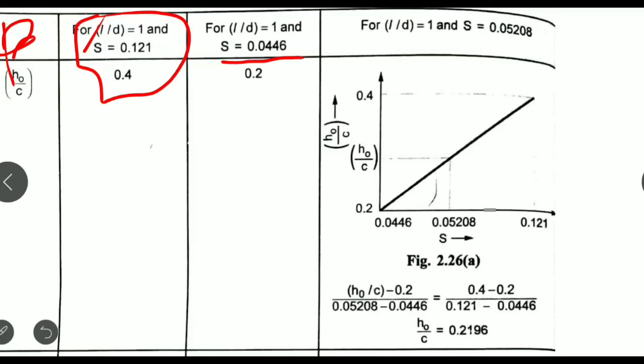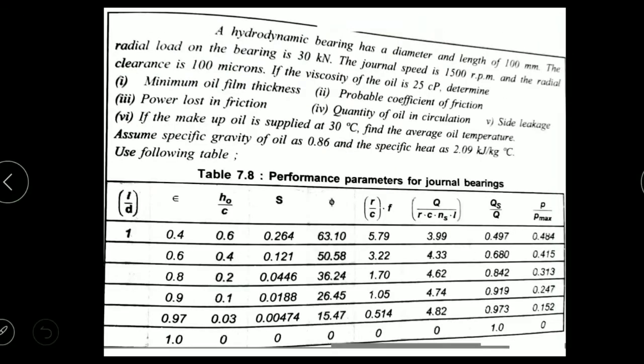Now, clear? The fourth column is for L by D ratio 1, applicable to all, and the value of S we need to calculate is 0.05. So I have taken the upper limit 0.121, the lower 0.0446, and we need to calculate this. Clear? Now how do the 0.4 and 0.2 values come? Please listen carefully.